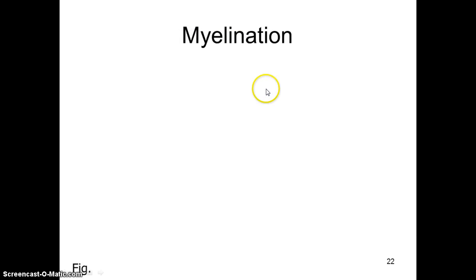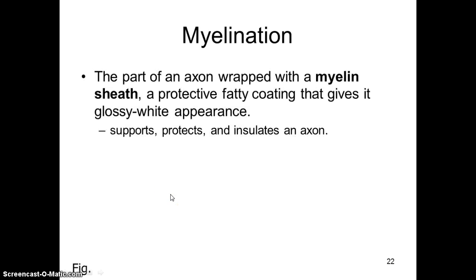All right, just to review myelination, we have a discussion here with oligodendrocytes and neurolemmacytes. This would apply to both of those. Remember that the myelin sheath is a protective, largely fatty coating that concentrically wraps around each axon.